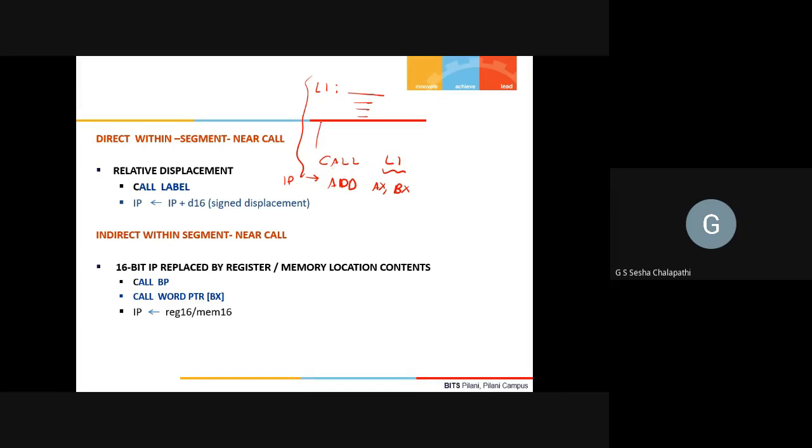That means it can either go backwards or jump forward also. That is how we have the relative displacement. This is called a direct within the segment call.